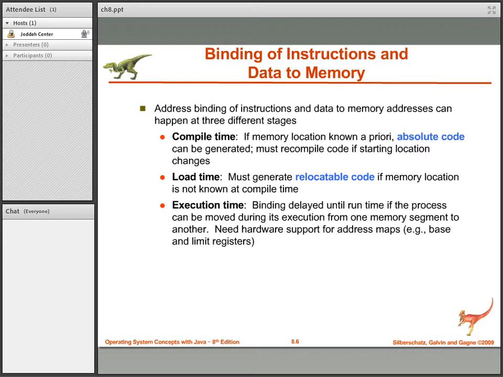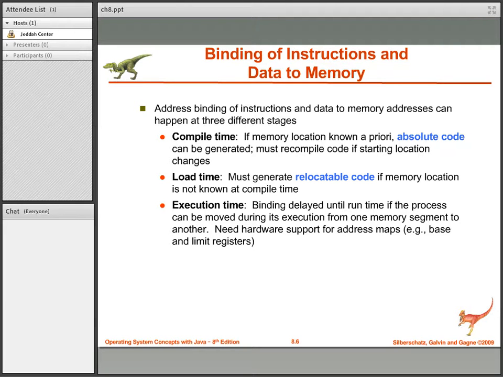So anytime the starting location of a certain process changes, the absolute code of the program has to be recompiled.